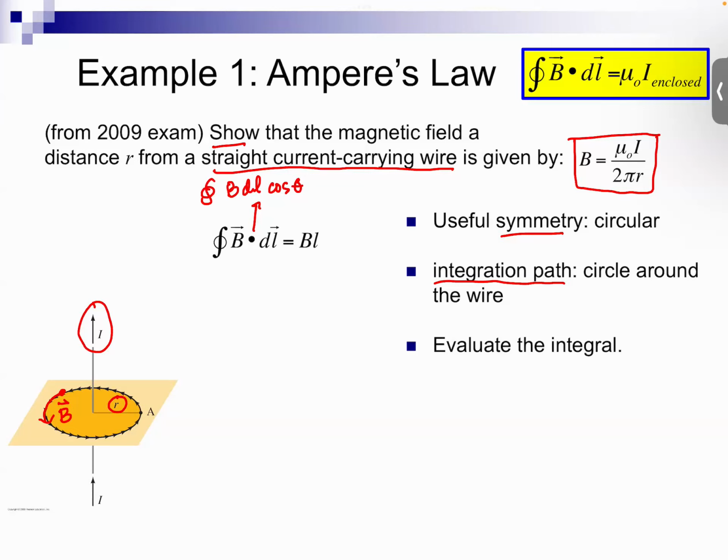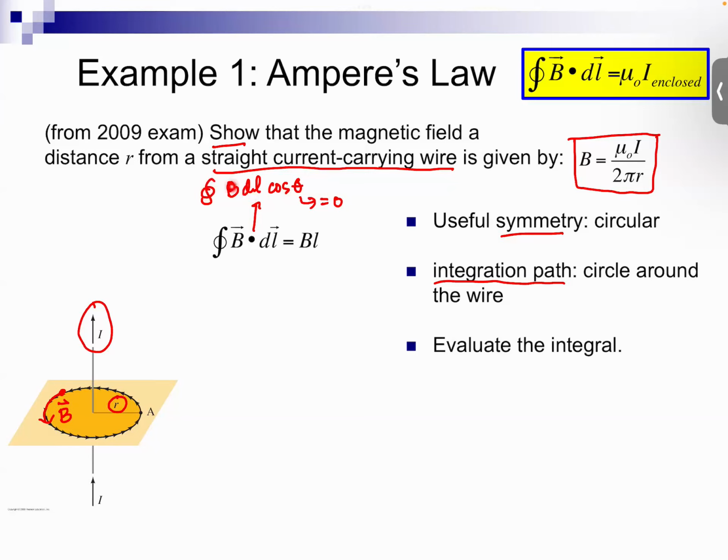But looking at the direction of the magnetic field around the wire, it's always parallel to the integration path, the circular path that we've chosen. Since it's always parallel, theta is equal to 0 and cosine theta is equal to 1. Hence, you're just evaluating the integral of B dl.